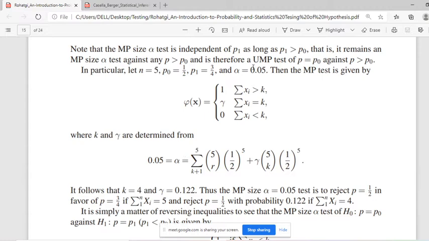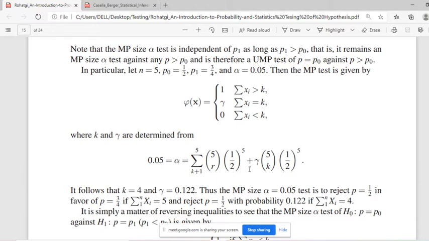So alpha we have taken as 0.05, that is 5% level of significance, summation k plus 1 to 5, p naught is taken as 1 by 2, so gamma into 5Ck 1 by 2 raised to 5. Now here we have k remaining.